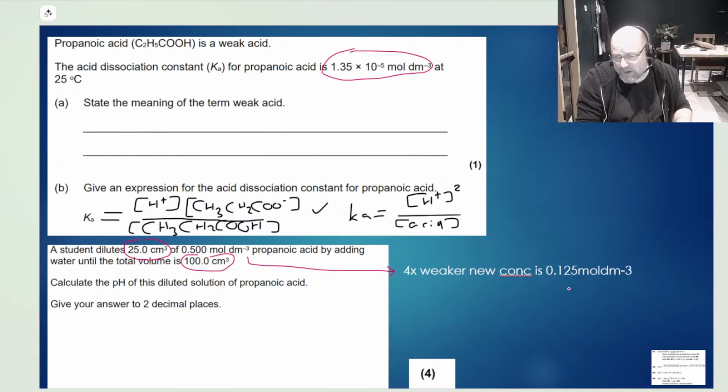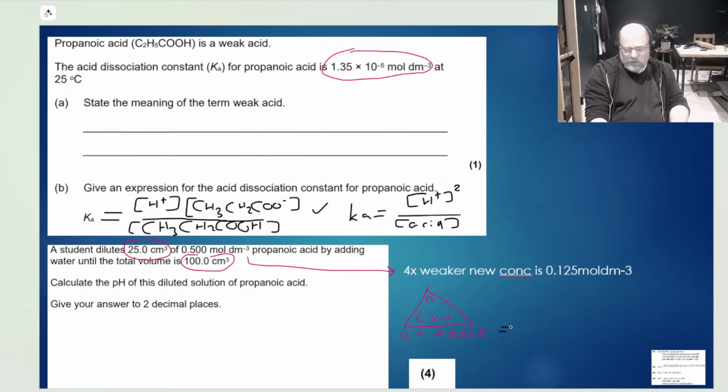What we can do, if you don't like that and you're not comfortable with it, is work the original moles out. So you can say to yourself, okay, the original moles, N over CV. Let me find out how many moles were in this. So I'm going to do 0.5 times 0.025. I probably shouldn't be writing in purple, that's disgusting to see.